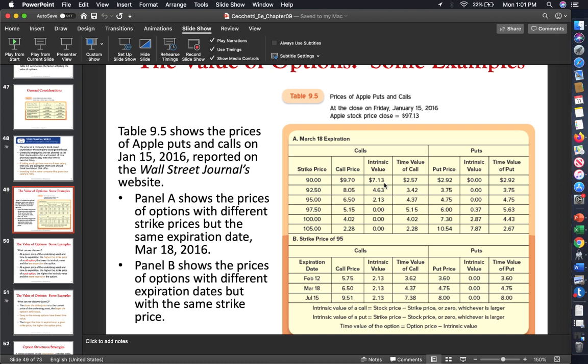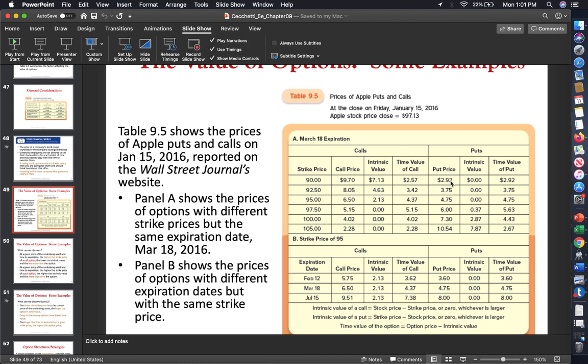It has an intrinsic value of $7.13. It's deep in the money, so that option must be worth at least $7.13, which it is. It's worth $9.70, because it gives you that intrinsic value, plus it gives you the opportunity of rising profits if the price of the underlying goes up. So that ends up being $9.70.